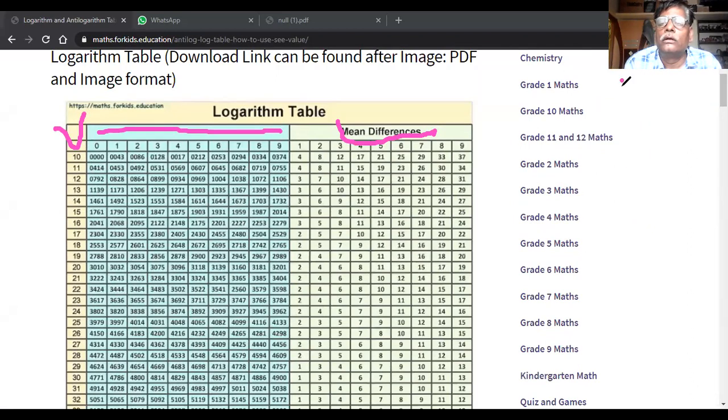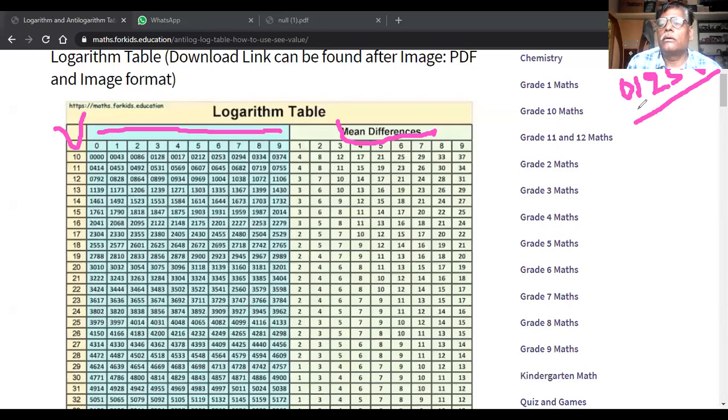For example, 0.1256. This is the number. How to see this number in this logarithm table? You leave the first zero, the number starts from 1, 2, 5, 6.